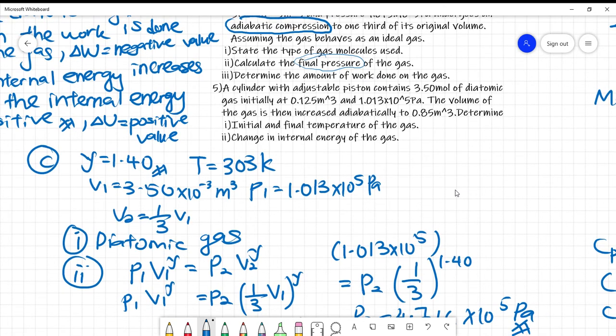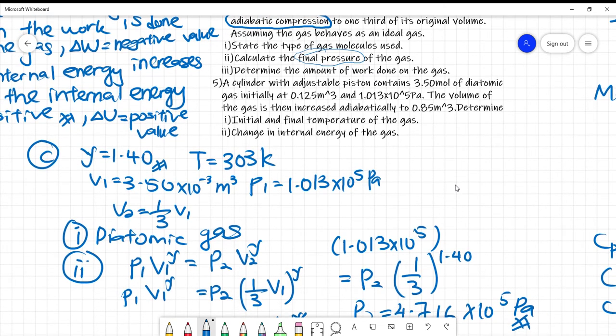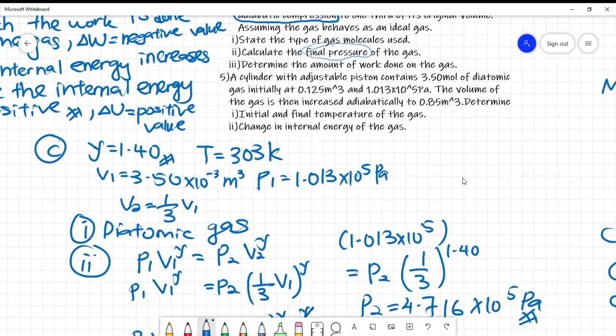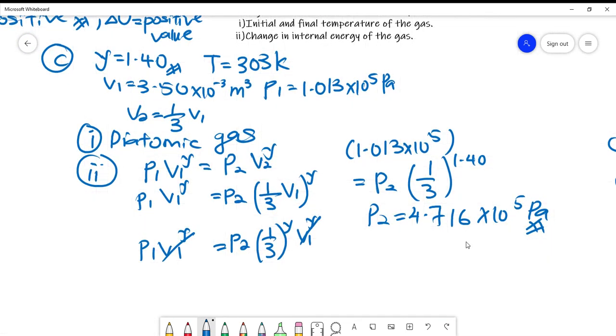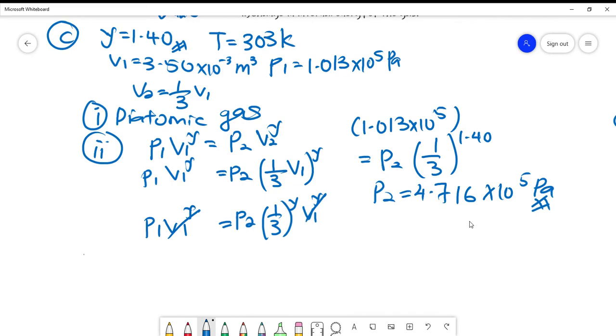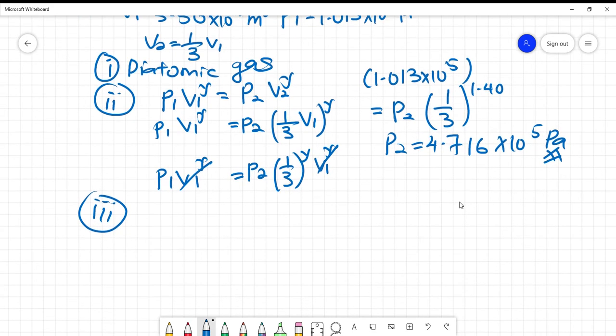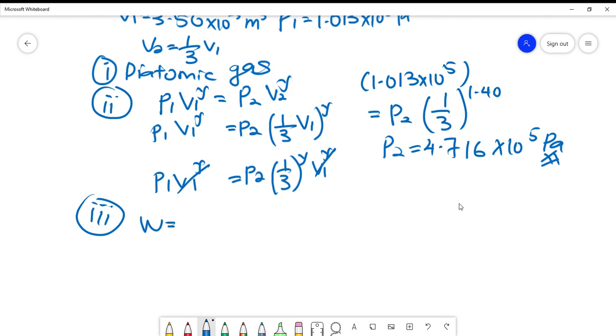Okay, so determine the amount of work done on the gas. The formula for work done is quite complicated for me. This will be our work done, which is 1 over 1 minus gamma, times P1 V1 minus P2 V2.